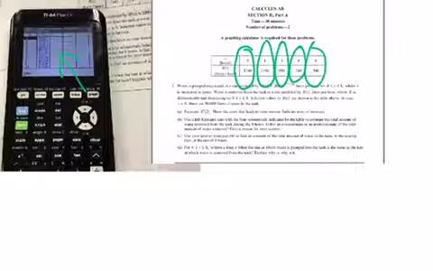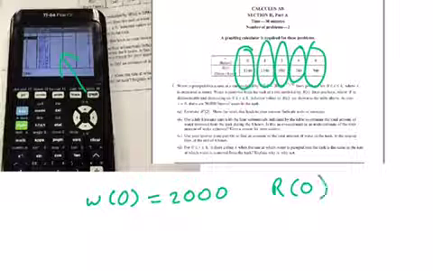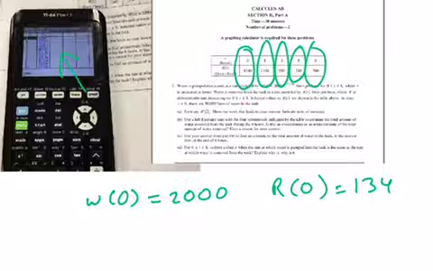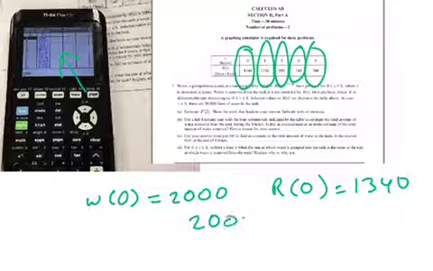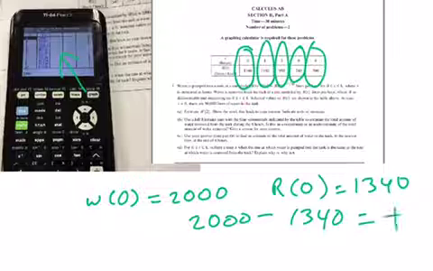If we take W of 0, if you look here, we have 2,000. If you take R of 0, we get 1340. So what happens when I subtract them? Well, we don't really care what the number is. We care about the fact that it's going to give me a positive value.